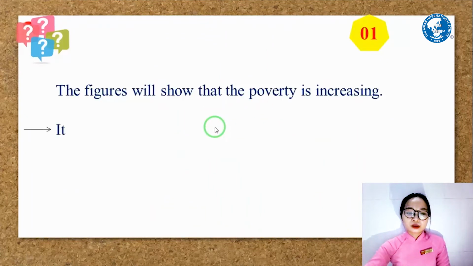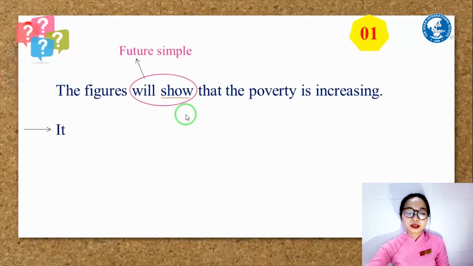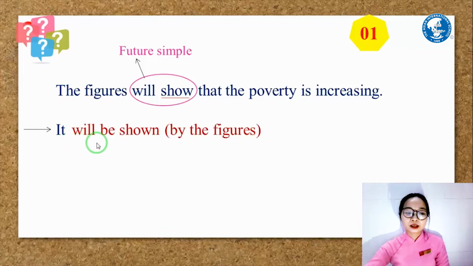The figures will show that the poverty is increasing. In this sentence, show is the reporting verb and the tense is future simple. So now we change into passive voice. The passive sentence starts with it, so it is pattern 1, right? So we need be and the reporting verb in past participle form.